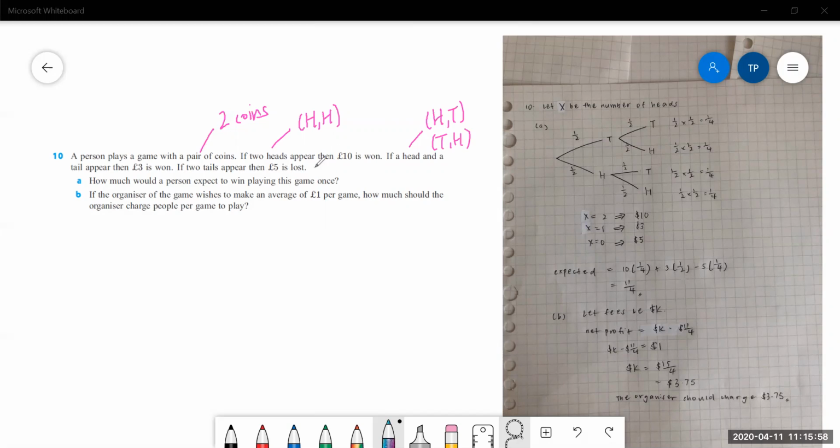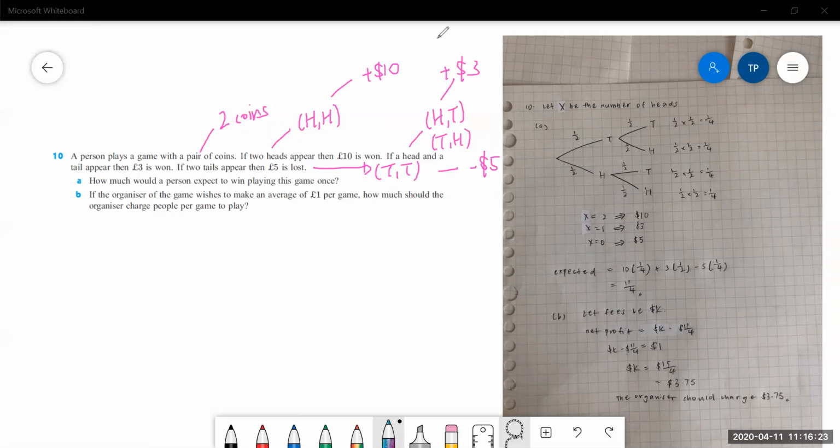If 2 tails, maybe tail and tail, then $5 is lost. So this one plus 10, plus 3, minus 5. How much would a person expect to win playing this game once?